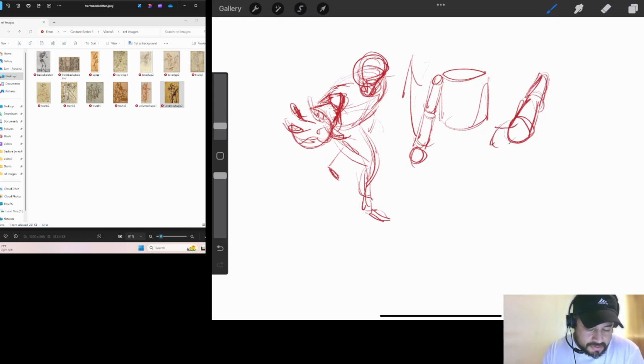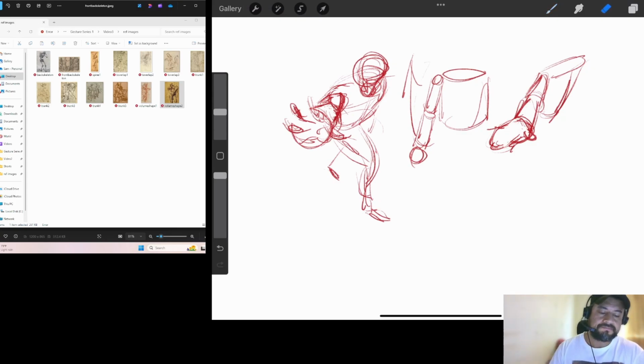So this is just a matter of analyzing and practicing and taking your time with analyzing the figure. You don't always have to do those quick 10-second gestures or whatever you've been doing. Spend some time to analyze the figure and make sense of what you're looking at.